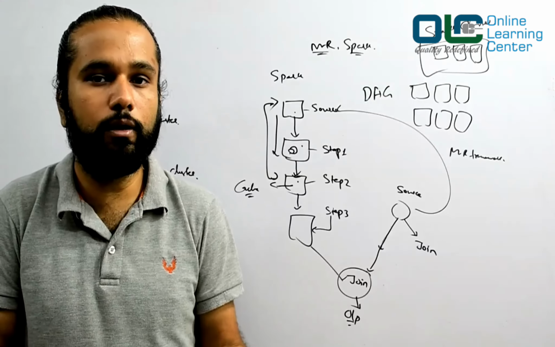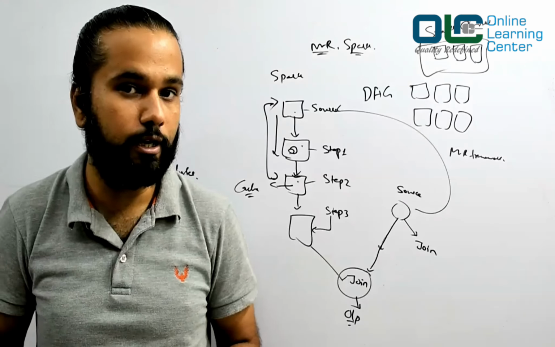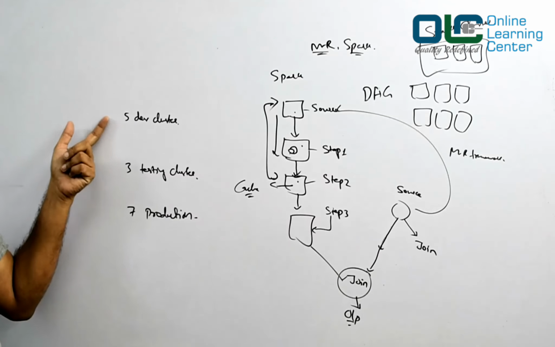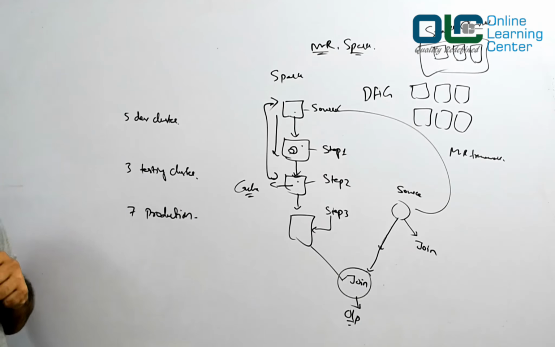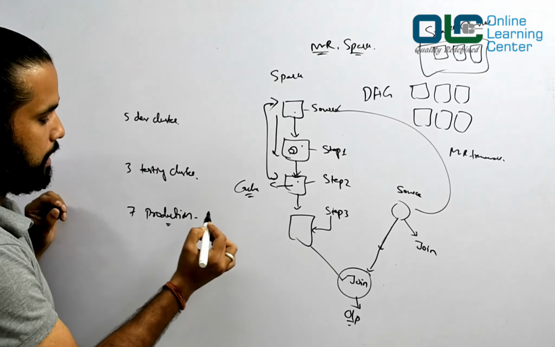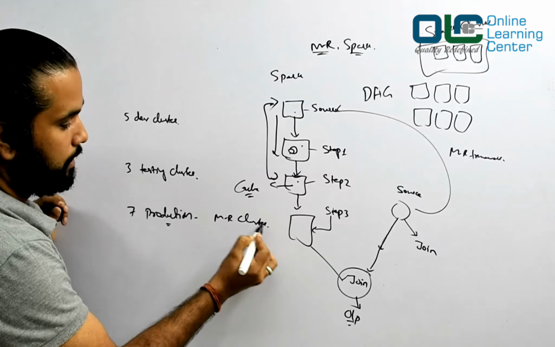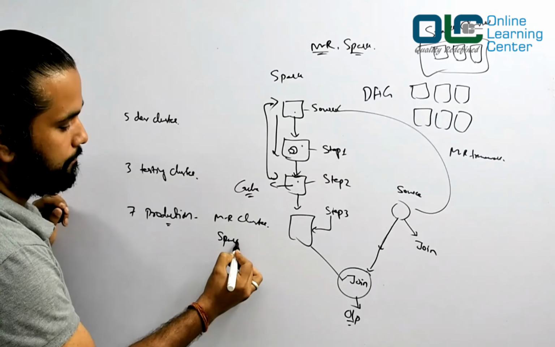The company cannot give a holiday to all the developers. If they do, who is going to develop the solution? So there is always a backup: development cluster, testing cluster, production cluster. So it is possible that a couple of production clusters are MapReduce clusters, and a couple are Spark clusters.